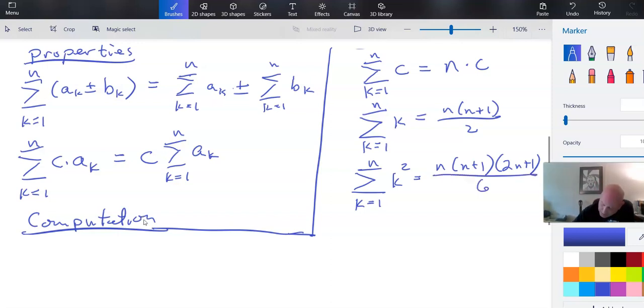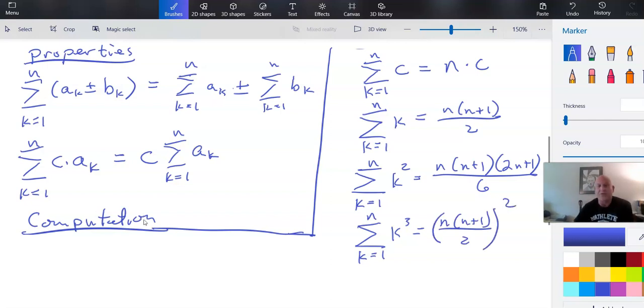And that one happens to be over 6. Then we have the one for cubes, and these actually go farther than this, but this is what we'll need today. Which, it actually turns out to be the square of the linear one. So it's n times n plus 1 over 2, but I'm squaring it. Right?